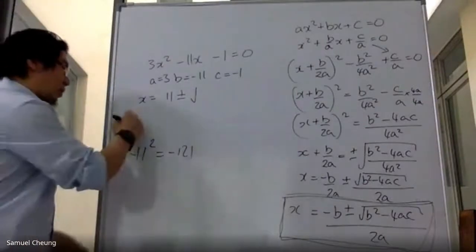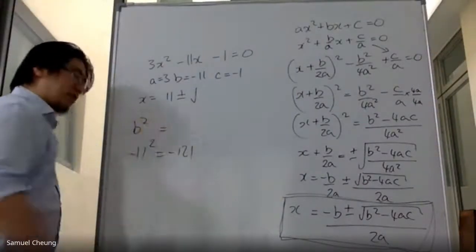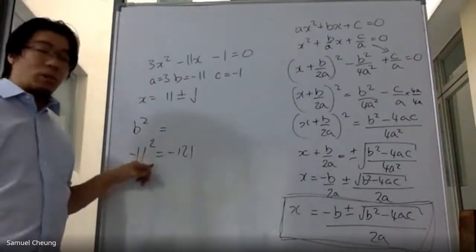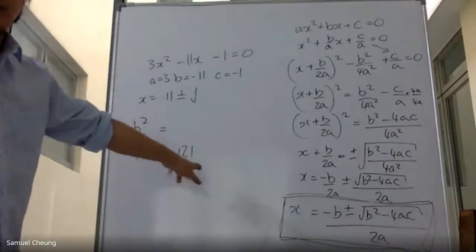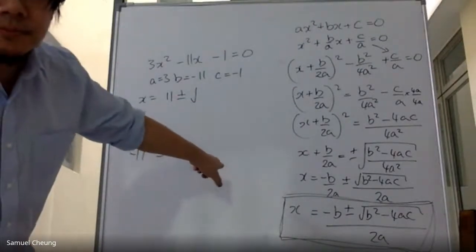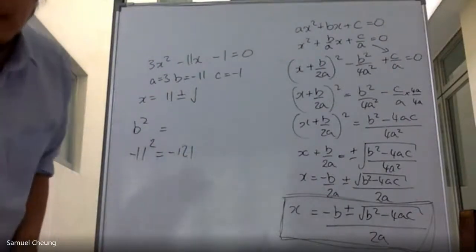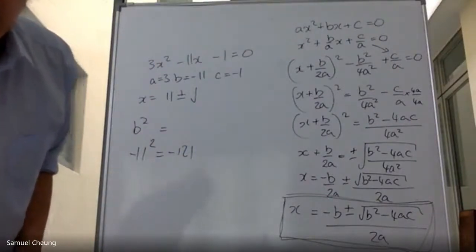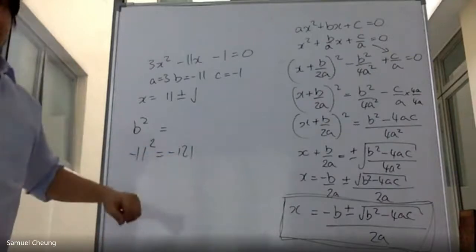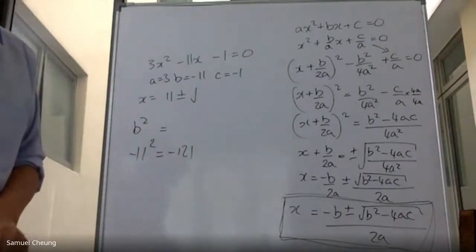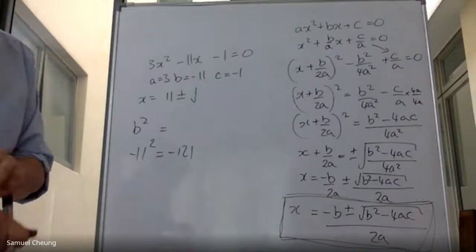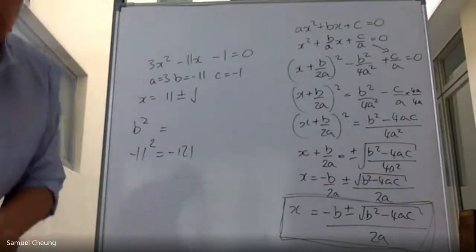But that is not what b squared is. Why is that not what b squared is? Why does it need to be positive, Alex? You're right, but why does it need to be positive? Good.